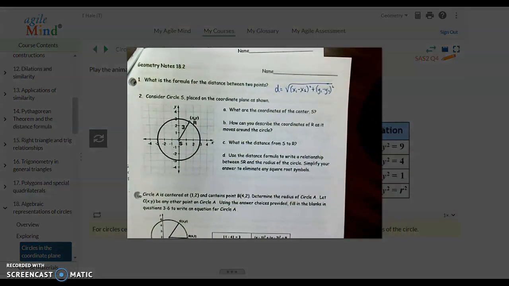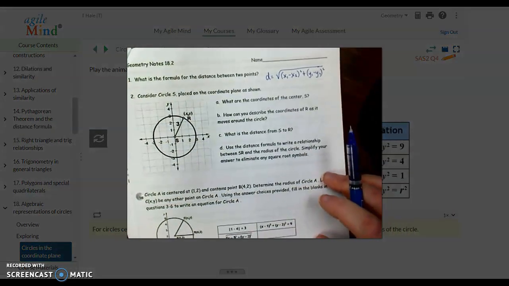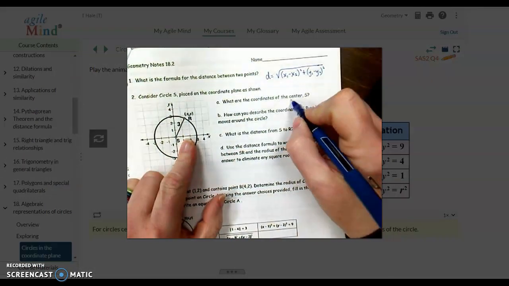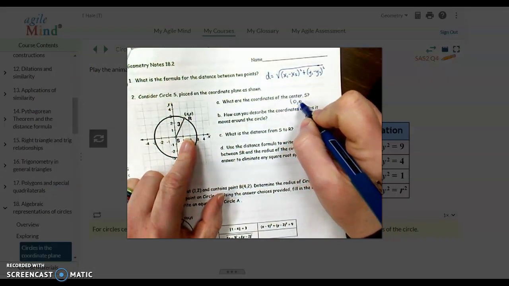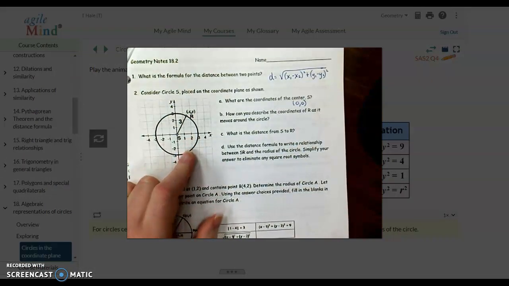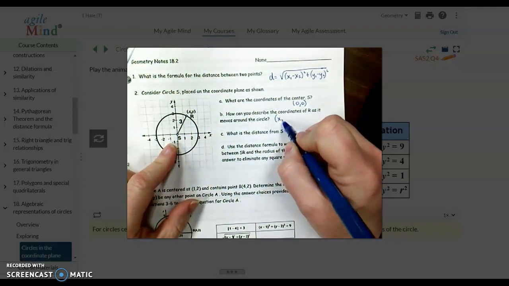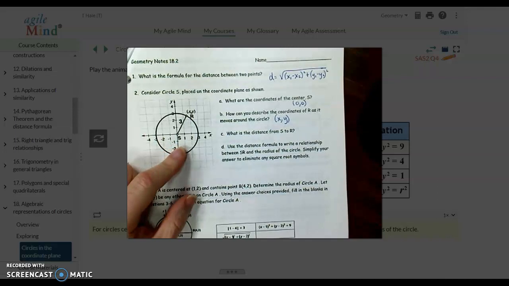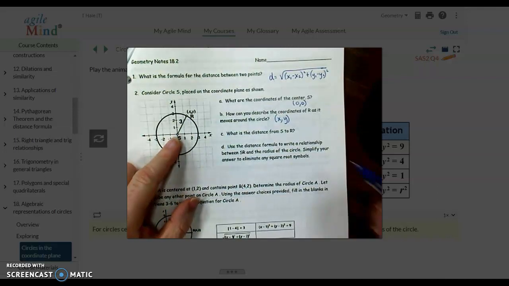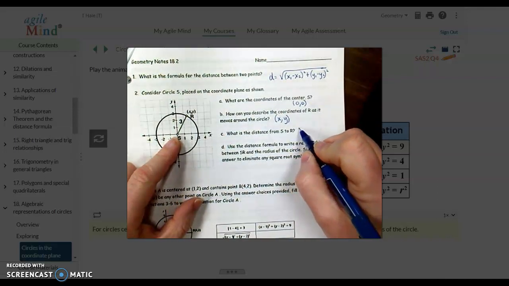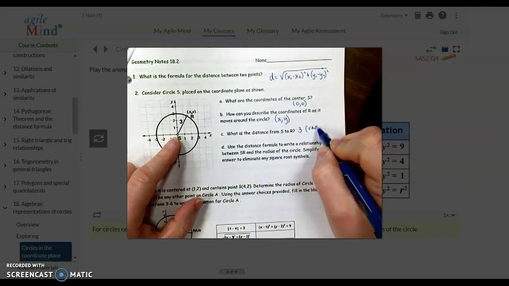So let's make sure that we have our notes filled out here. Remember, the coordinates of the center were 0, 0. How could you describe the coordinates of r as it moves around the circle? We're just going to label it as a generic point. We know the distance from S to R is 3, which is our radius.